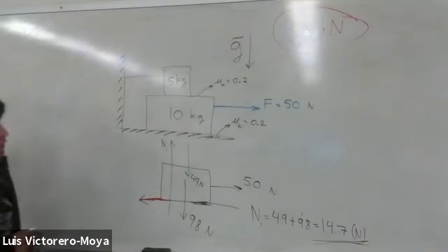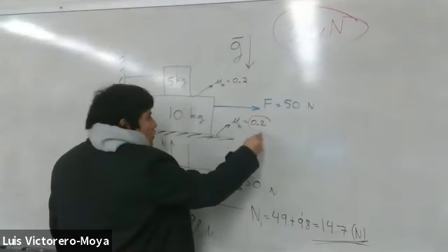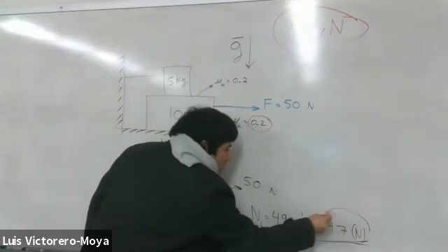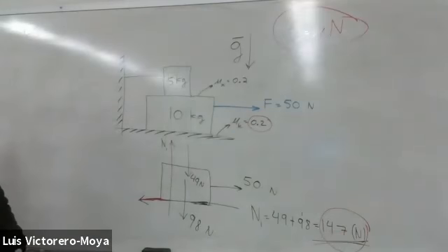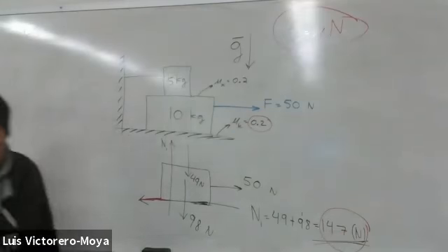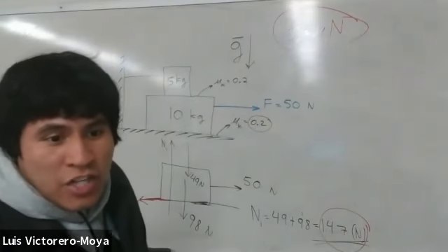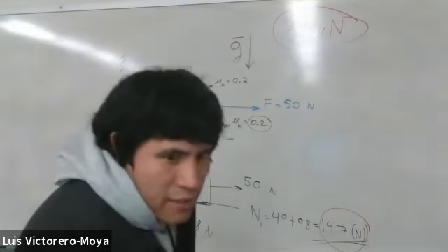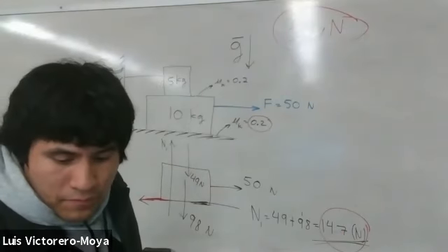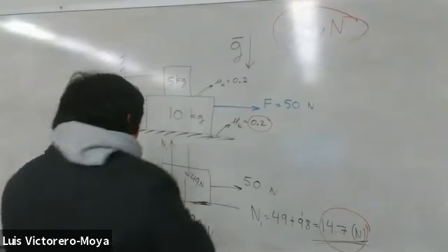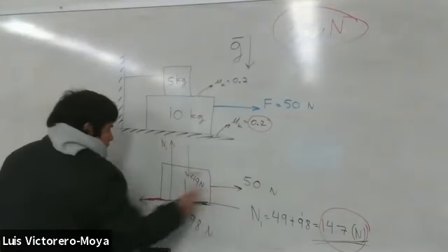That friction will be mu times the normal. Right? So that's why it's very crucial that you do your forces diagram. 29.4. Perfect.